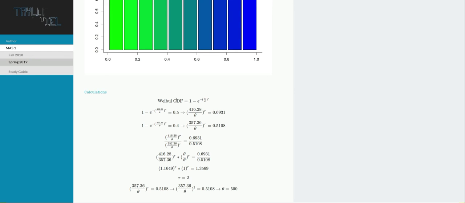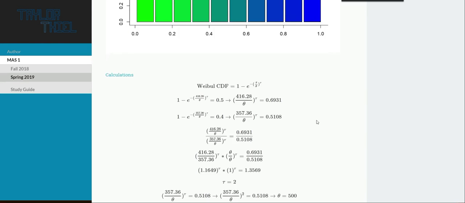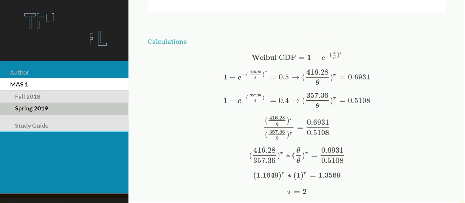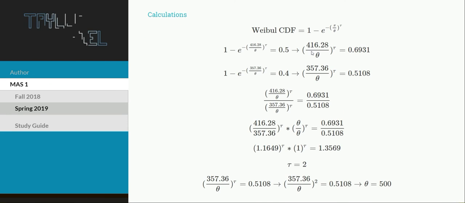Going into the formula sheet you're provided, you're going to find this formula. Let me zoom in a bit, since those are some pretty small values. It's 1 minus e to the power of negative x over theta to the power of tau.